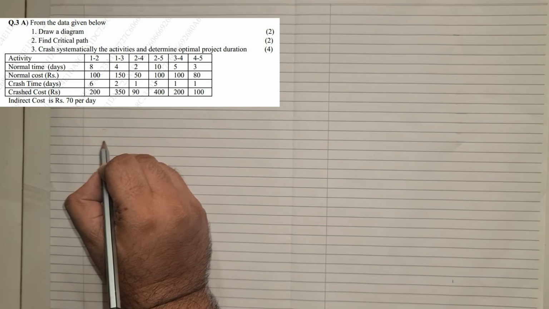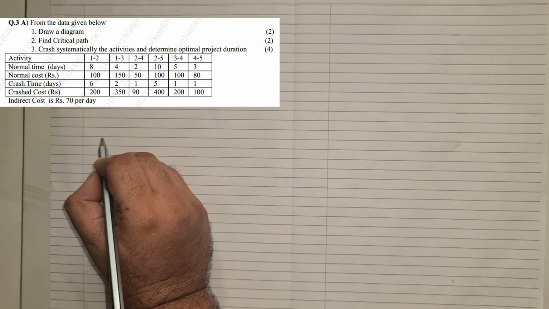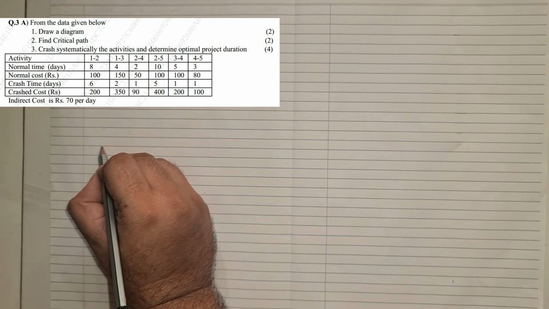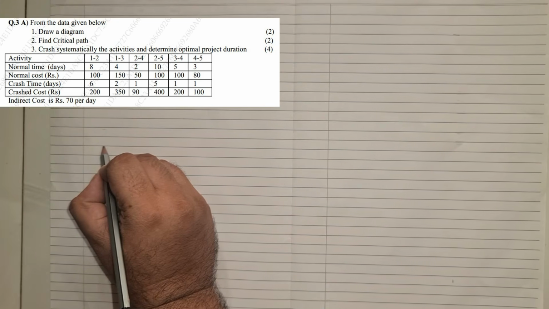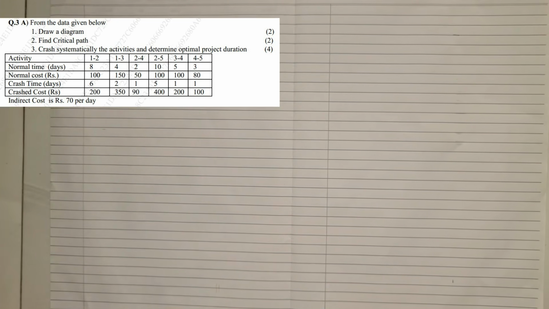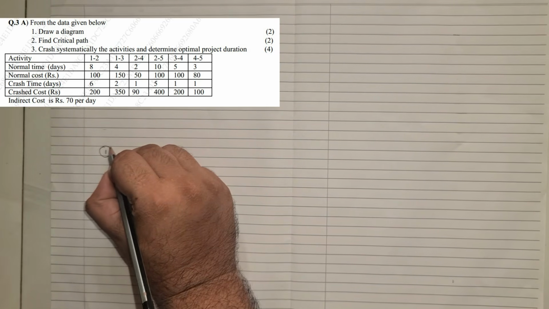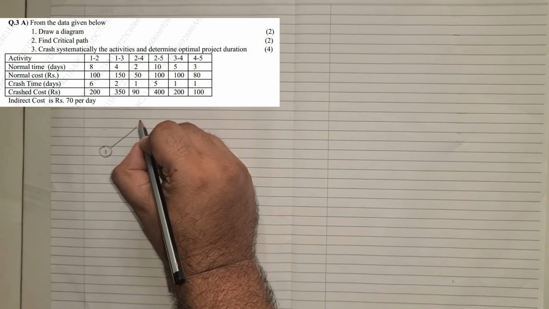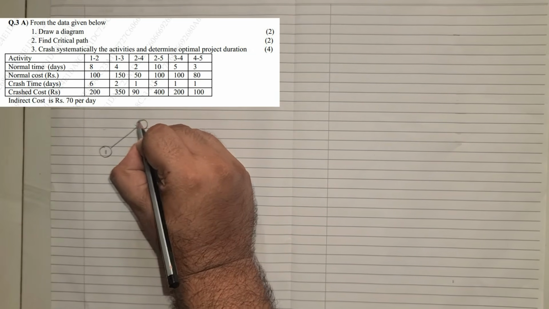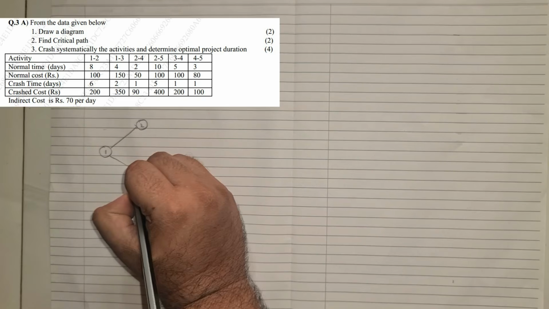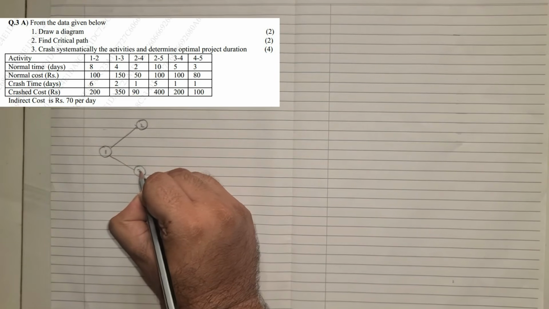The activities are given to us as 1 2, then 1 3, 2 4, 2 5, 3 4 and 4 5. If you look carefully in the question, from 1 we have 2 and from 1 we have 3.